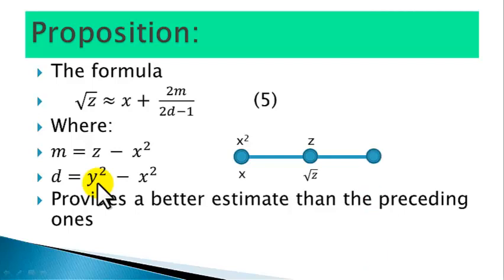This is the point y squared, representing the next square number greater than z, and the square root of y squared is y. Now the distance from x squared to z is m. That is z minus x squared. The distance from x squared to y squared is d, as this distance, y squared minus x squared, is d.